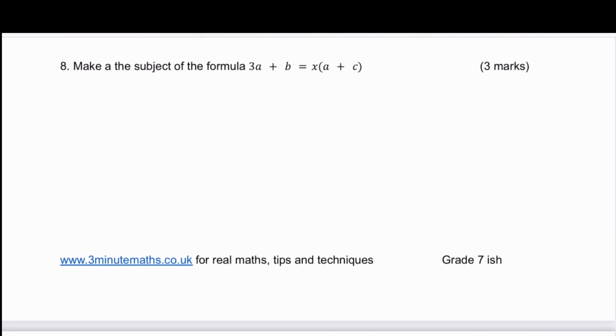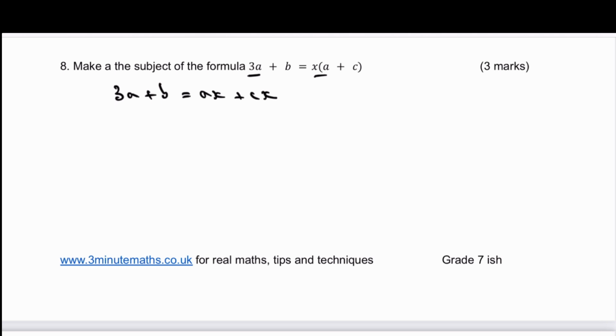Now, question number 8, you'll notice that a is on both sides of the formula. So let's expand that out first and see where we get. So we've got 3a plus b, and that equals ax plus cx. Okay, so what I need to do is to get my terms containing a on the same side of the formula.